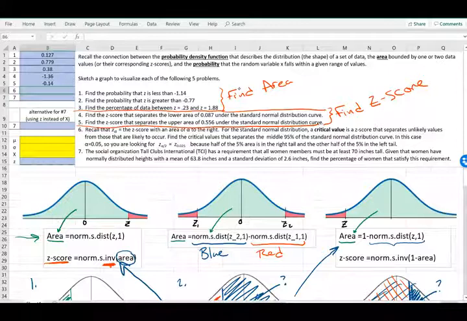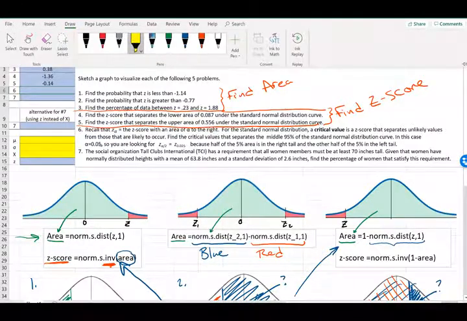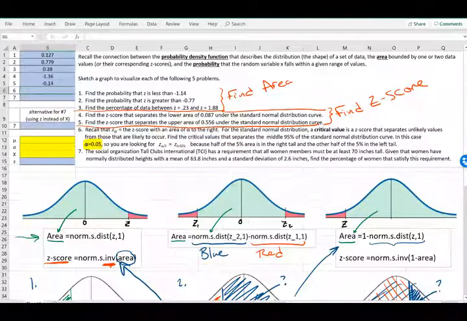So in this particular problem, alpha is given as 0.05. Alpha is 0.05. And now that 5%, that 0.05, is split half above and half below. So find the critical values that separate the middle 95%. The middle 95%.